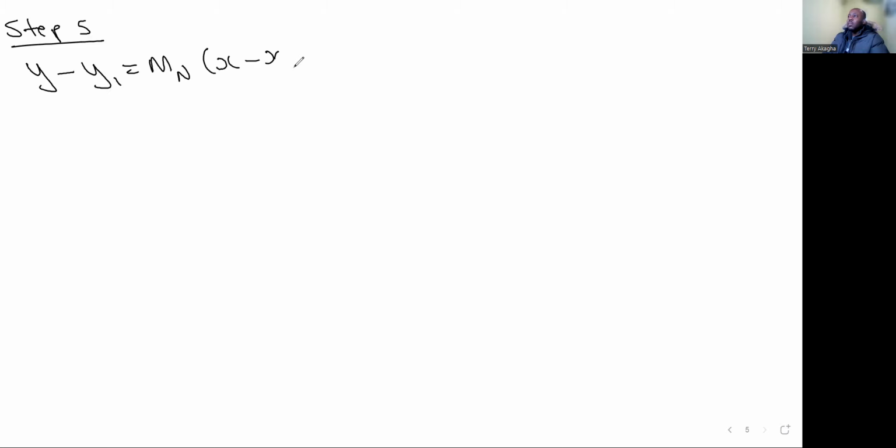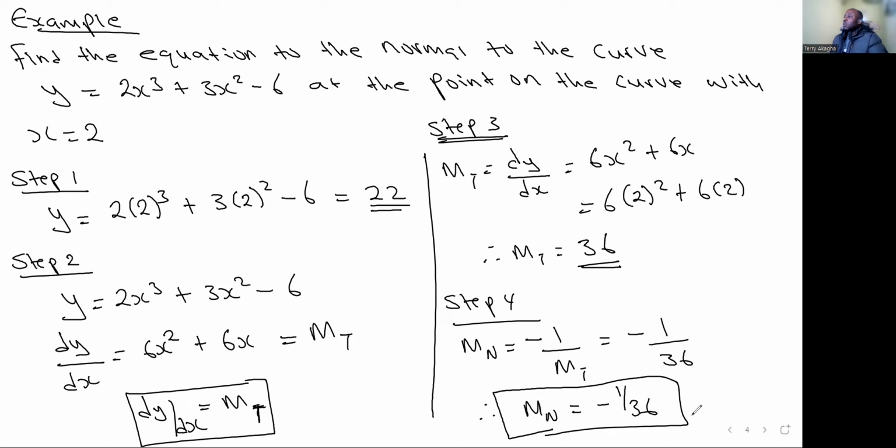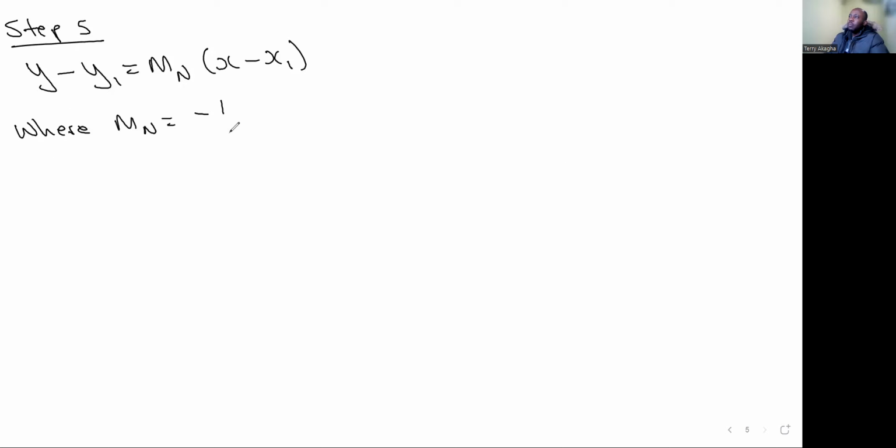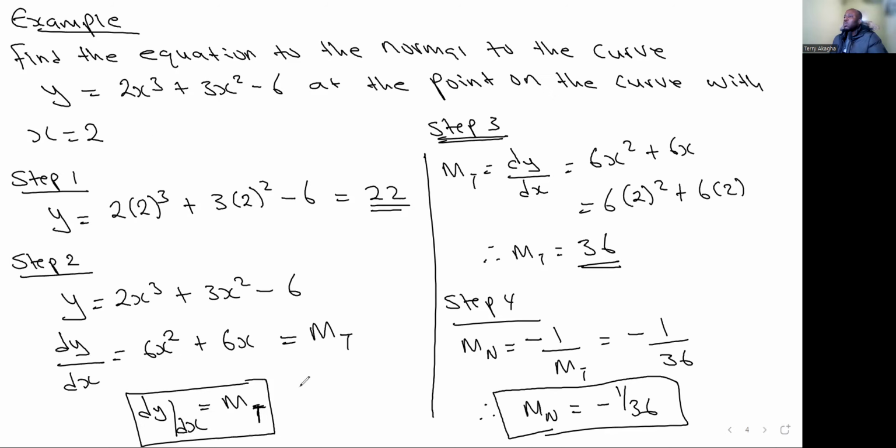We already know our mn: mn is equal to minus 1 over 36. Our x1 is 2 and our y1 is 22. All right, so our x1 is 2, y1 is 22.